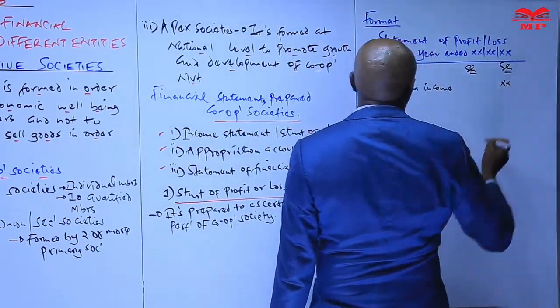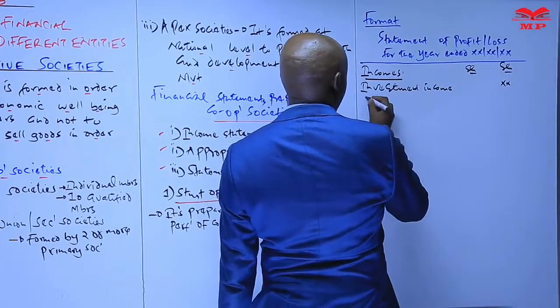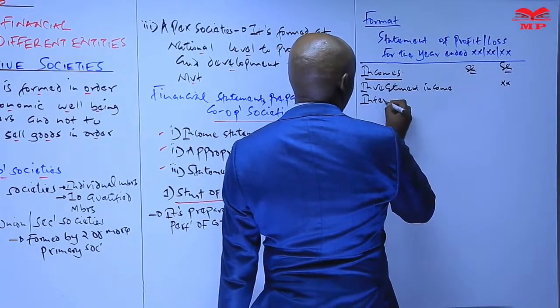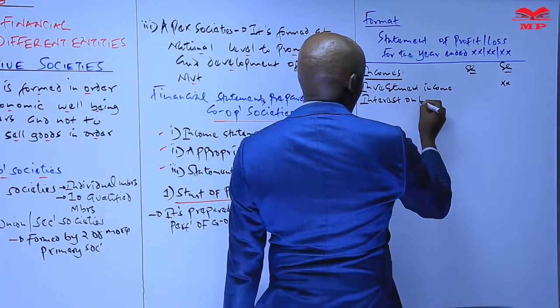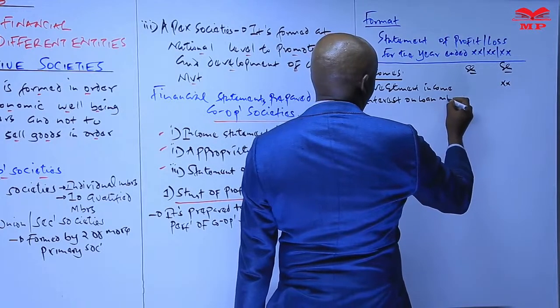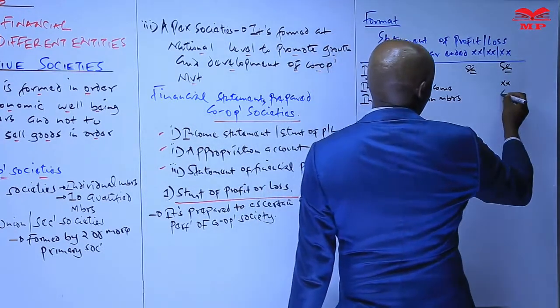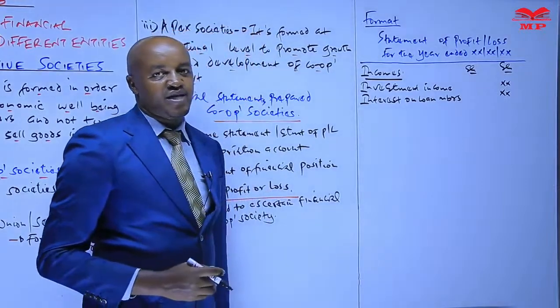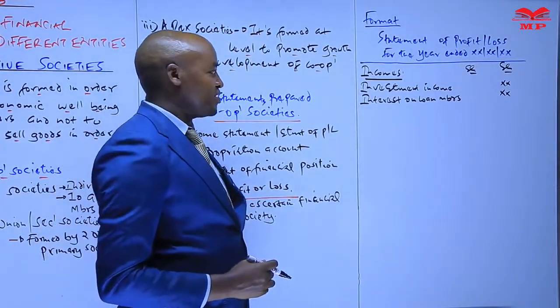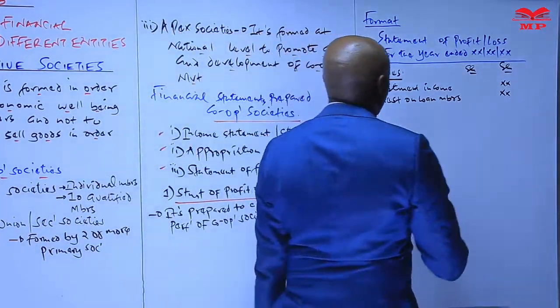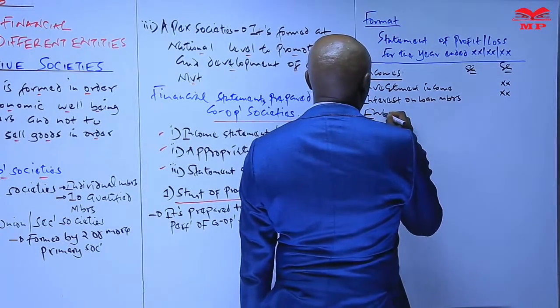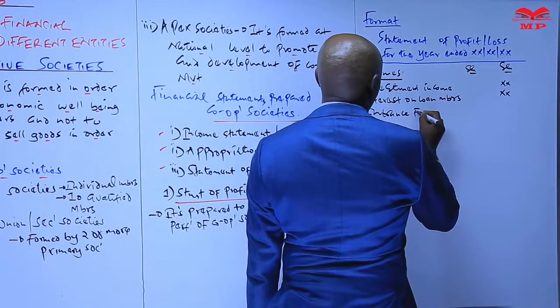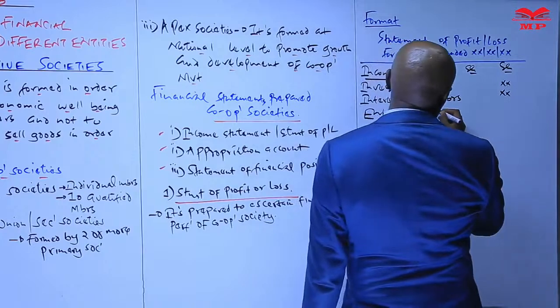So a cooperative society may have something like investment income, things like interest on loans to members. Whenever a cooperative society gives members loans, like a SACCO, the SACCO will charge some interest. That interest is basically an income. Also, a cooperative society may have another source of income like entrance fees.